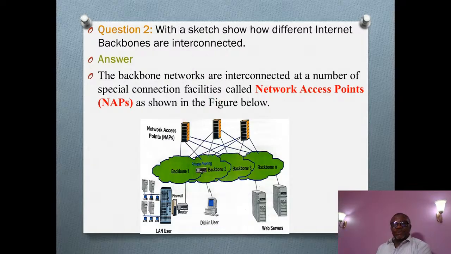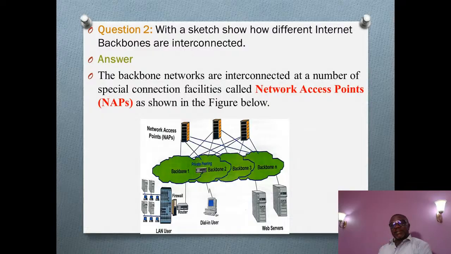Question 2. With a sketch, show how different internet backbones are interconnected. So the backbone networks are interconnected at a number of special connection facilities called the network access points, NAPs, as shown in this figure.